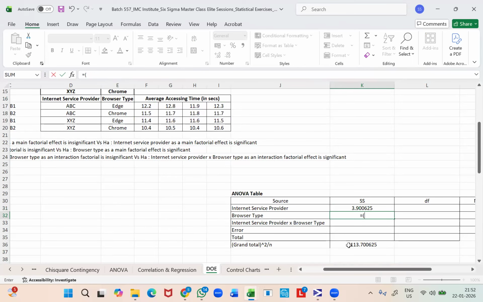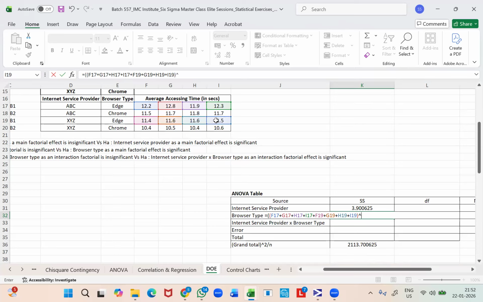So browser type, I have Edge and Chrome as the two levels. Edge level 1 and Chrome is level 2. So Edge values are there in the first and third row, and the Chrome values are there in the second and fourth row. So let me just combine the first and third row. Right?